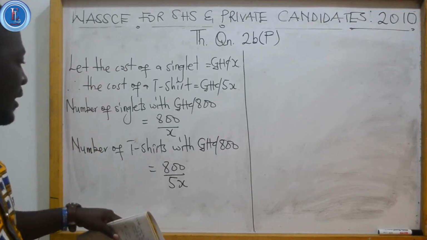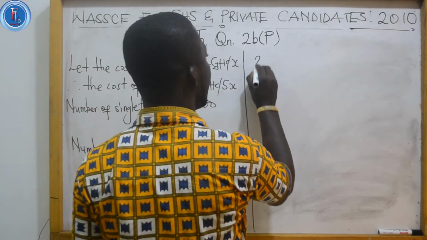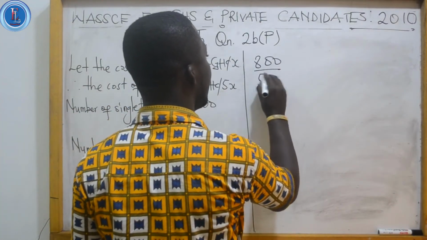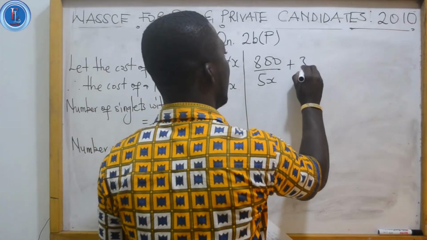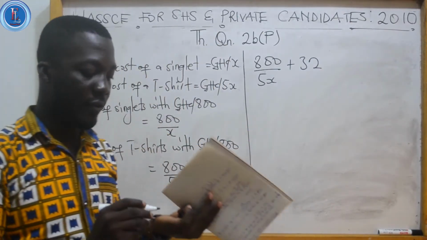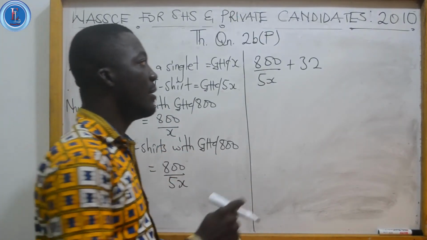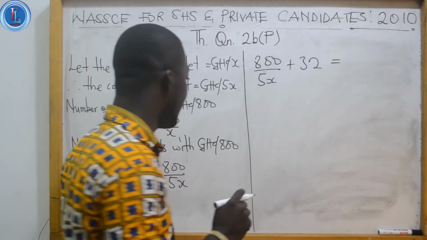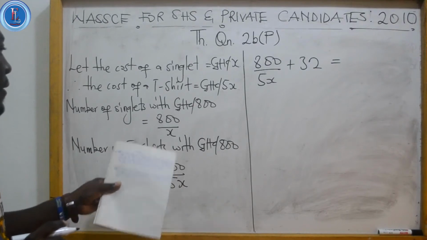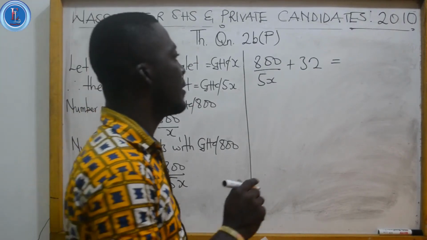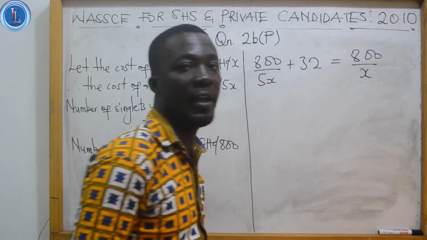So let's see, what's t-shirt? The number of t-shirts is 800 over 5x. So 32 more is this: 800 over 5x plus the 32, and that one is the same as the number of singlets, which is 800 out of x.